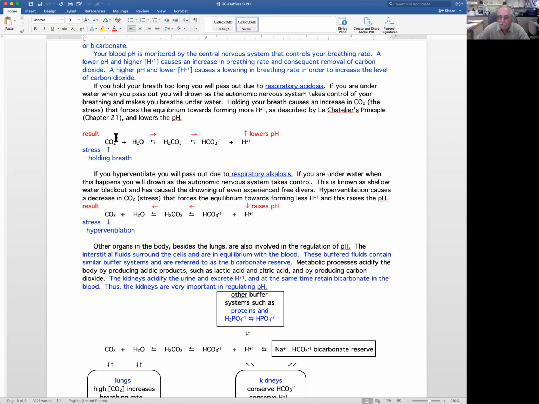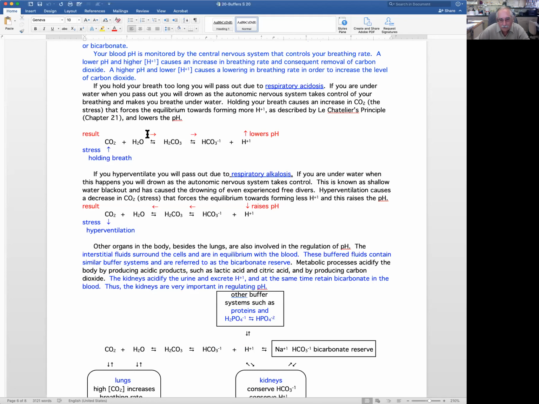And the result, which I always put on the top, is going to be this. It's common sense that if you add more reactant to something at equilibrium, you're going to get more product. So that means you're going to shift the arrow in that direction. Once you identify the stress, you identify which direction that arrow is going to go.